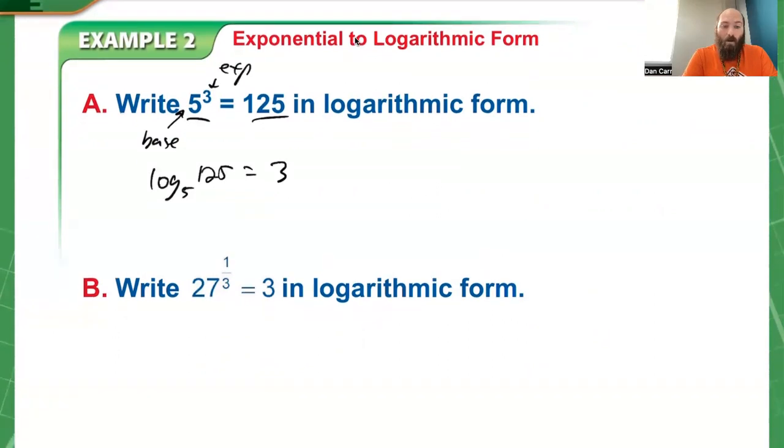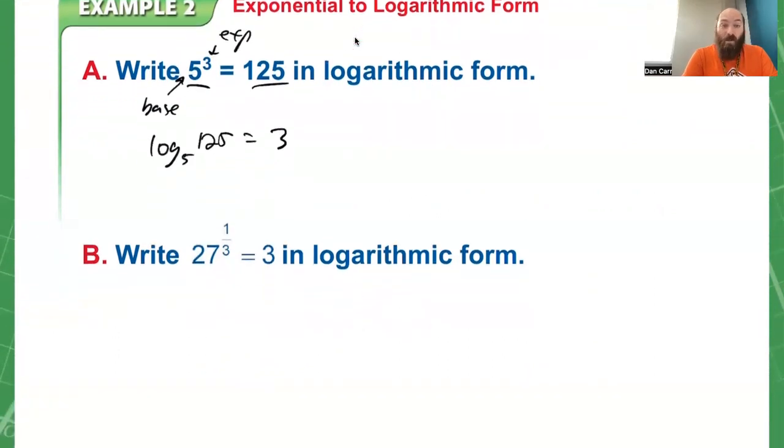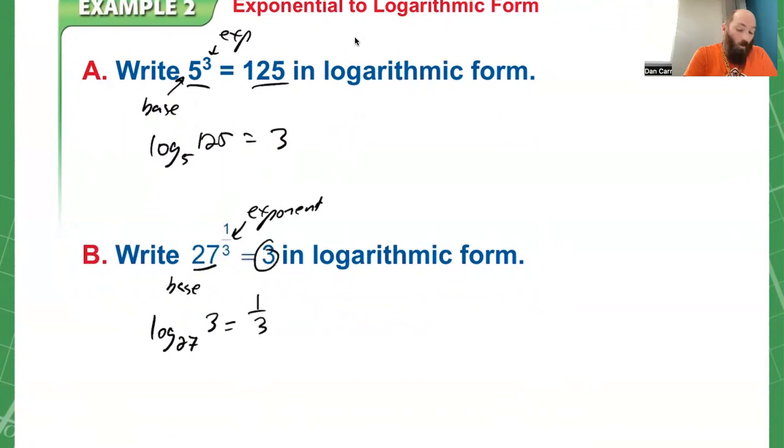This next one is a little bit trickier, but it's still the same idea. Again, base and exponent, so we can say log base 27 of 3, because that's where the argument goes, is going to equal 1/3. That's the idea of turning into logarithms.